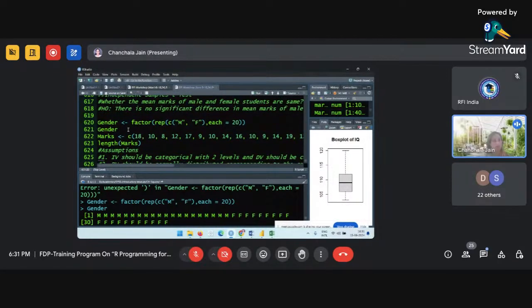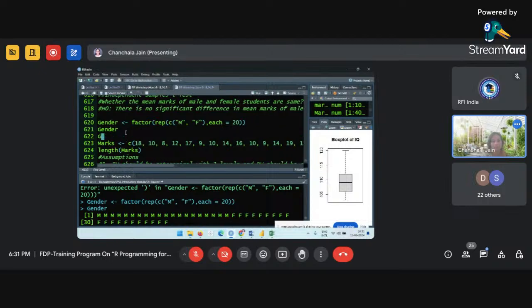We'll do one thing. I think it is a factor vector, and that is why it is creating a problem. Let me check this time. I think this time I'm creating gender like this, right?